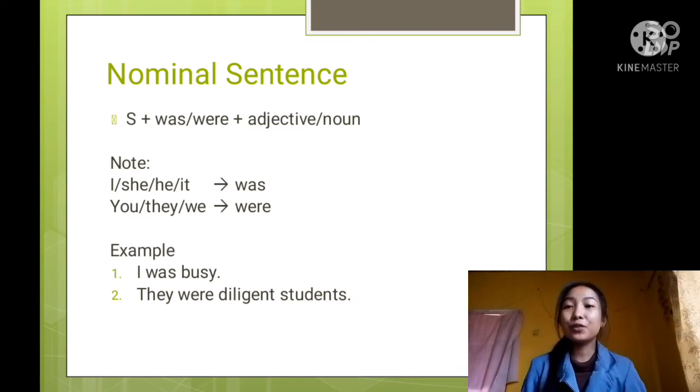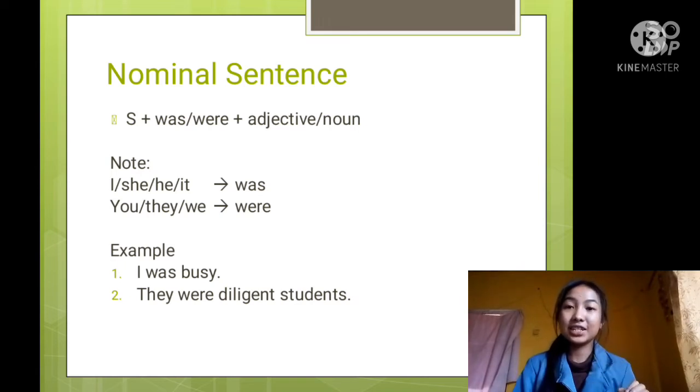I have two examples here. First is, I was busy. I is a singular subject, so we use was as the to be, and busy is an adjective. And then I have another example.